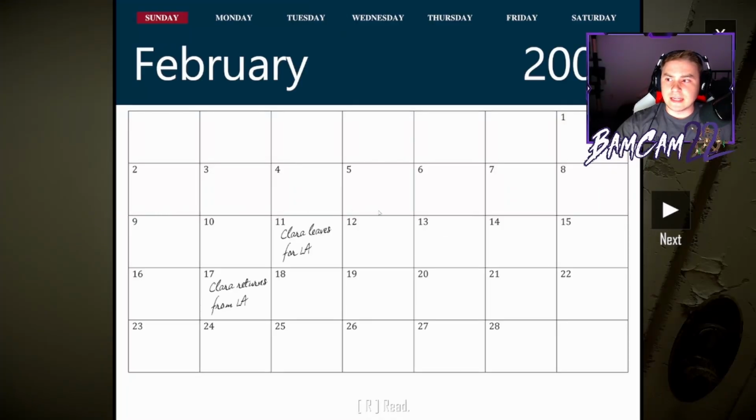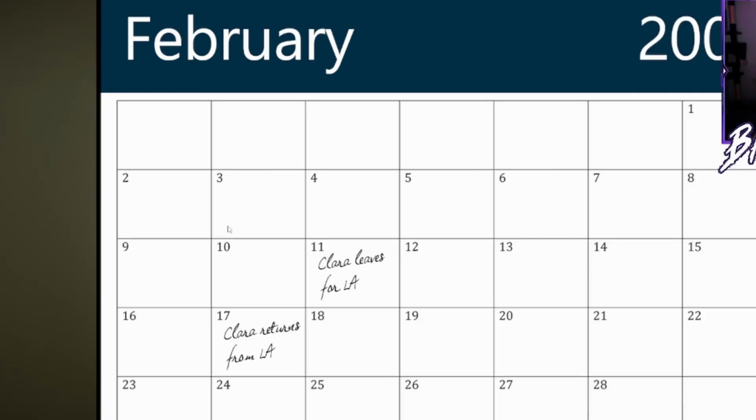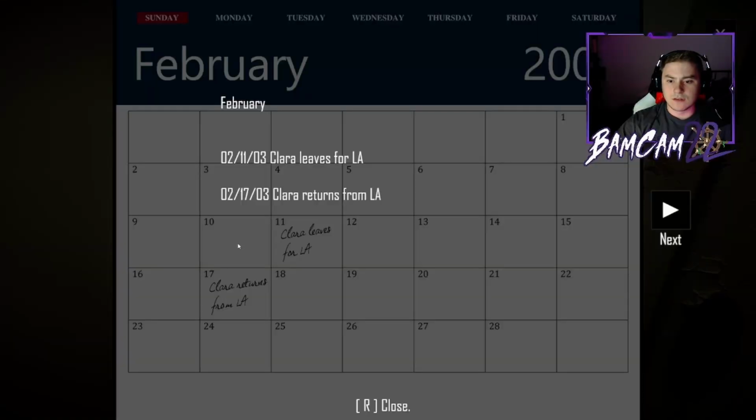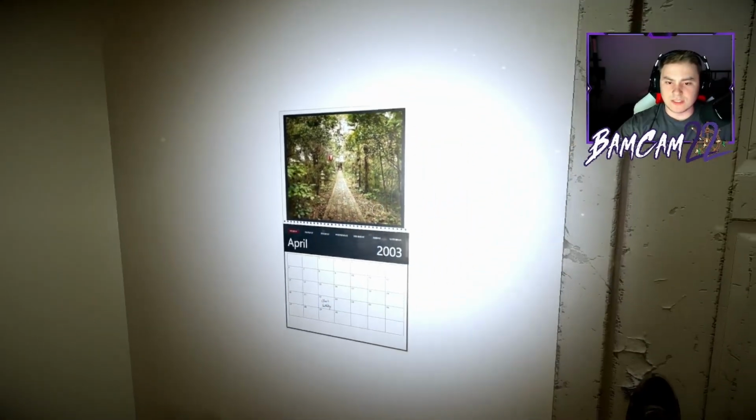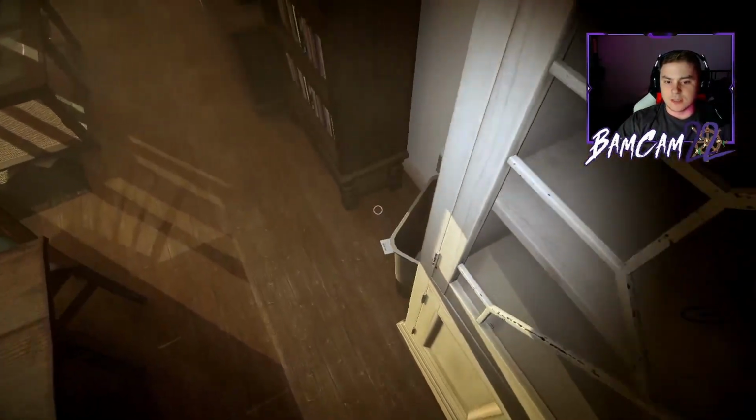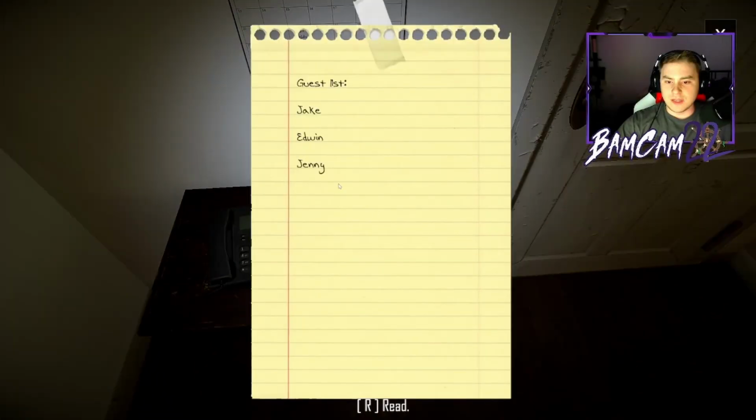Okay, now we're looking at the calendar. We can see on the calendar here, Clara leaves for LA on the 11th. Clara returns from LA. Wait a minute. So if Clara truly was out of town, and we have a purse here that matches this note, that would mean that it was Jenny that went to the event.